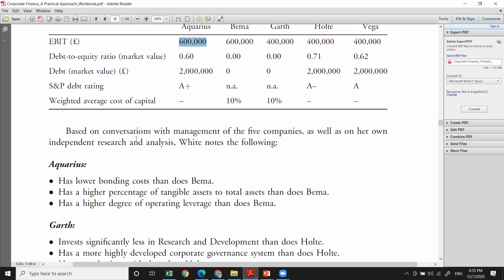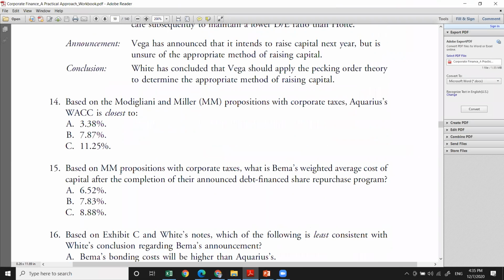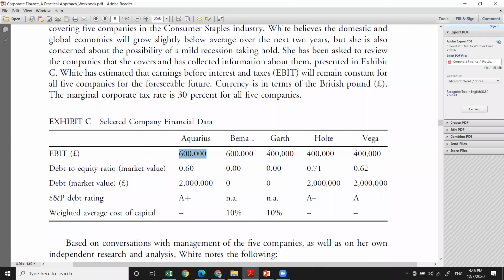Now, let's proceed with question 15. Based on MM proposition with the corporate tax, what is BEMA's weighted average cost of capital after the completion of the announced debt finance share repurchase program? If you look at the table for BEMA, we don't have the calculation.